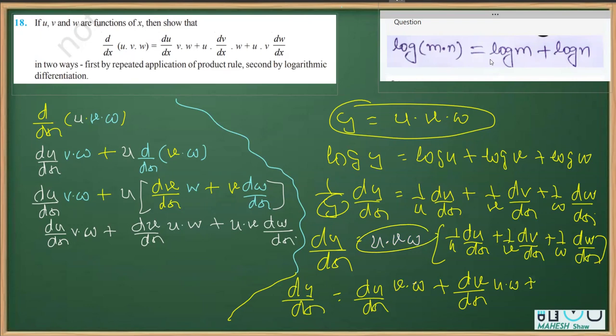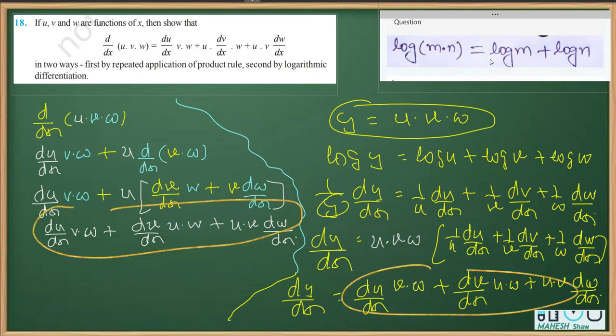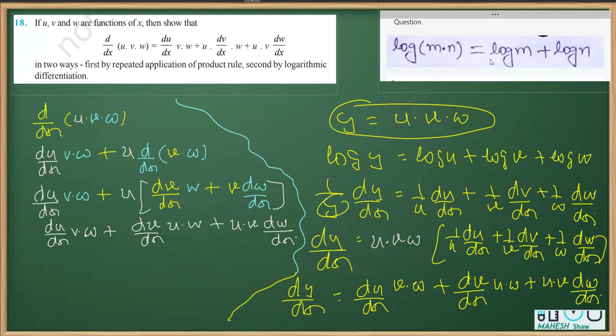And lastly, when I multiply this with the last term, w and w get cancelled, so we'll get u·v times dw by dx. So when you compare these two, this is the same as this. So these are the two methods by which the same question can be differentiated: one by the method of logarithmic differentiation, and the second by the product rule.